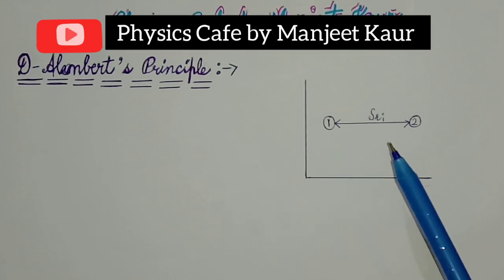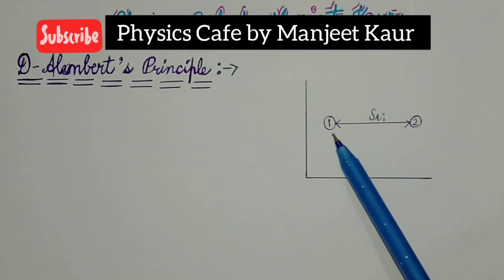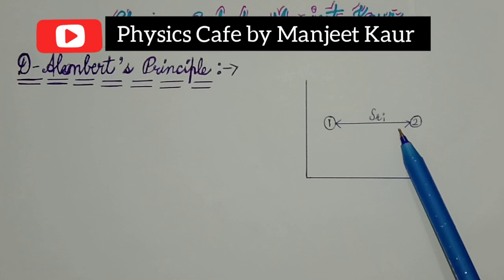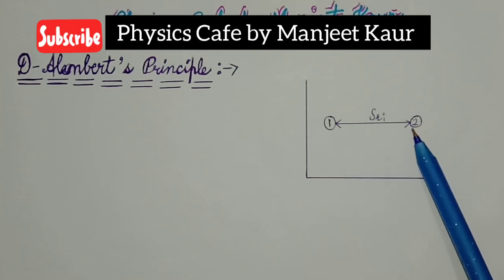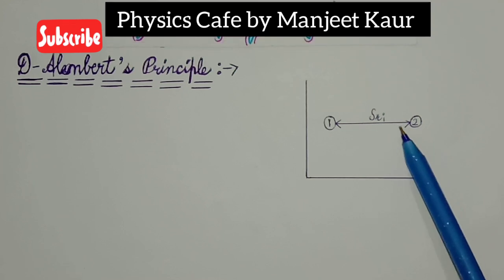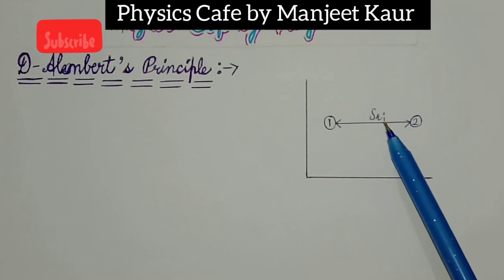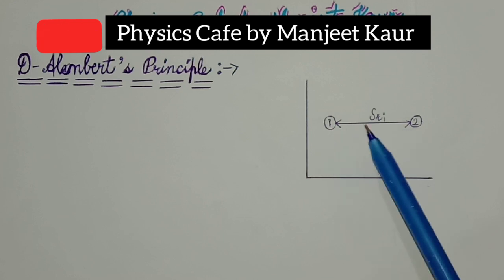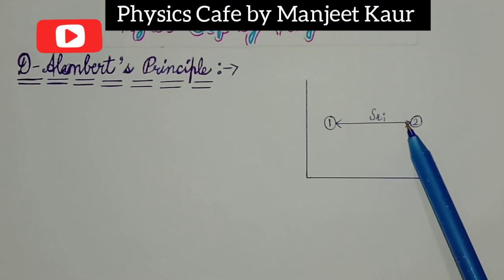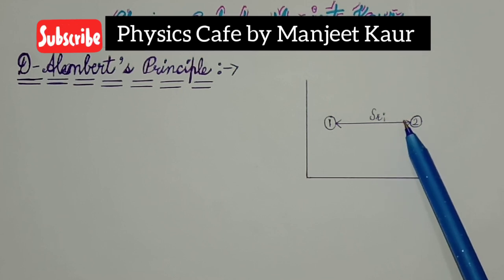And in case 2, when the system is dynamic, then the particle covers some distance. That means it moves from its original position and comes here. So that distance which it covers is called its virtual displacement. That means in a dynamic system, when the particle is moving on the surface, the force of constraint will be perpendicular to the displacement.